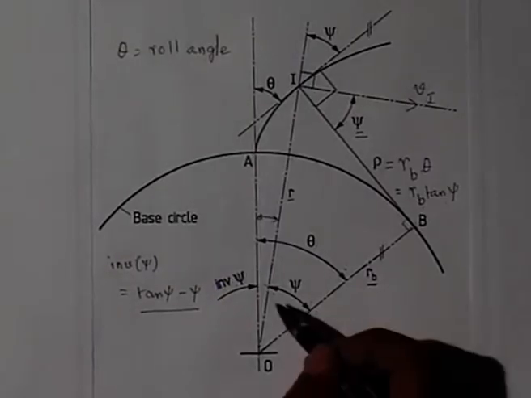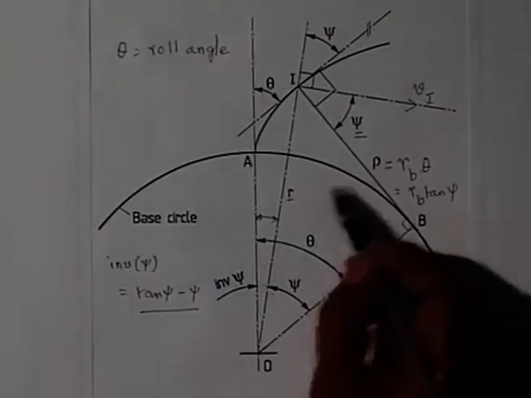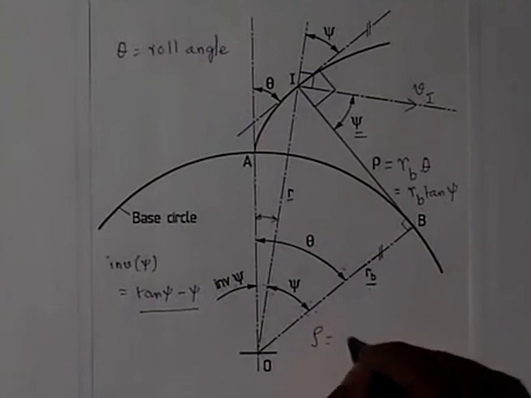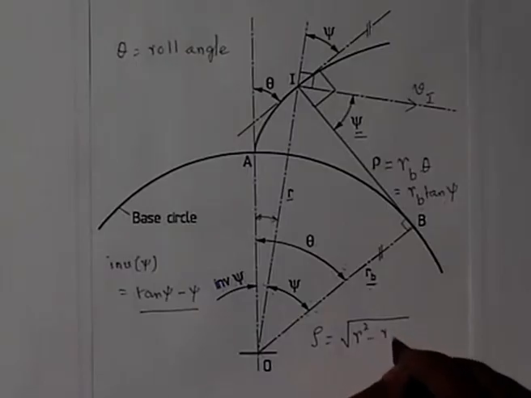Then we also found the expression of rho in terms of R and RB, which we wrote as rho equal to square root of R squared minus RB squared.